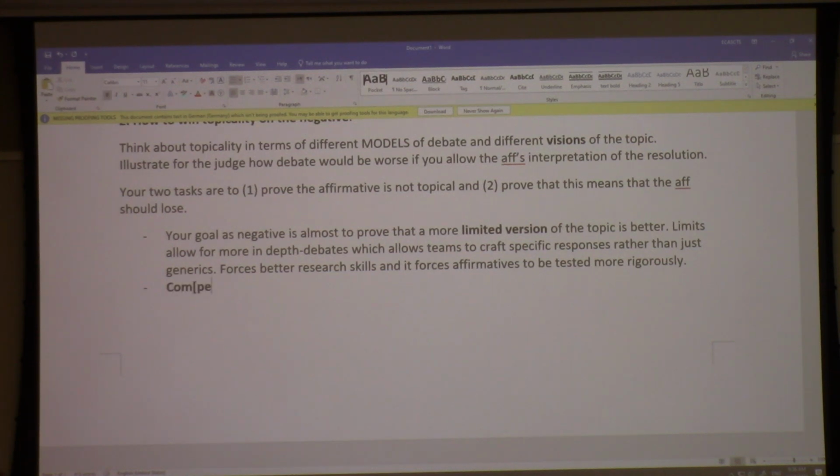So competing interpretations is the idea that topicality debates should be decided based on whoever just has the better definition for debate.